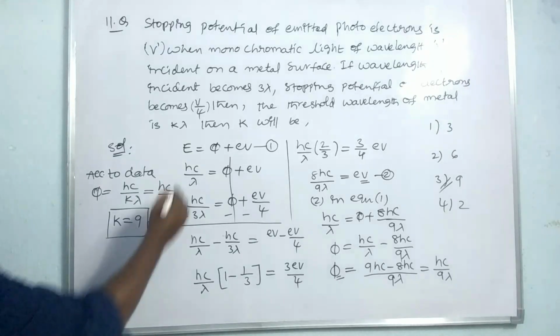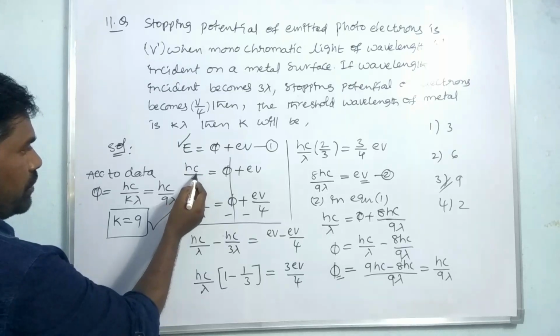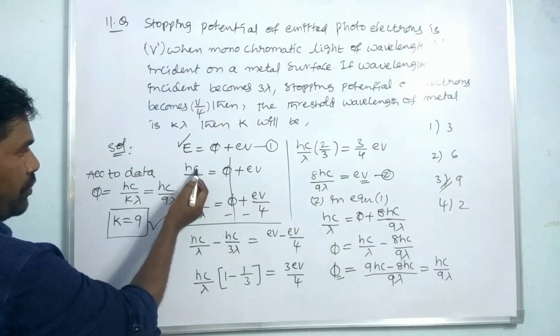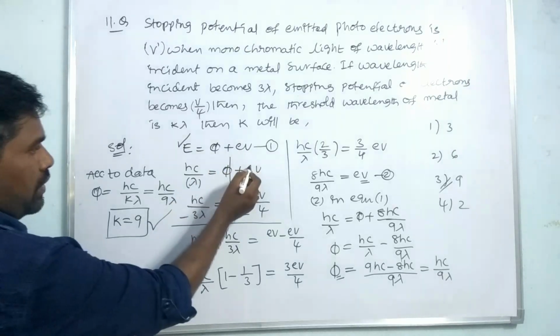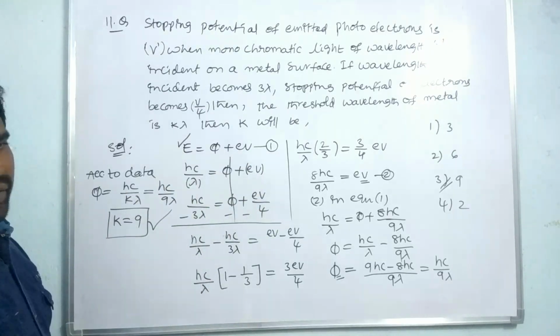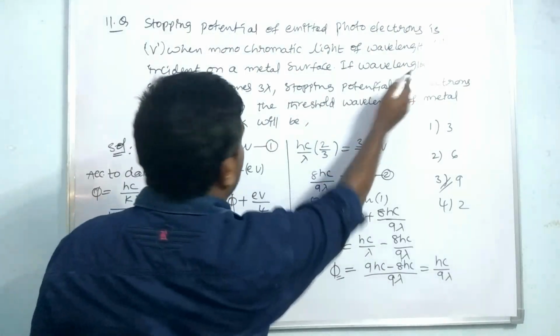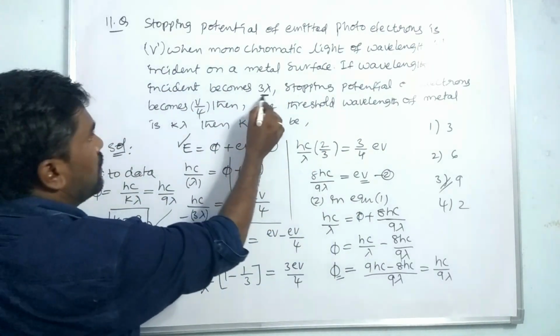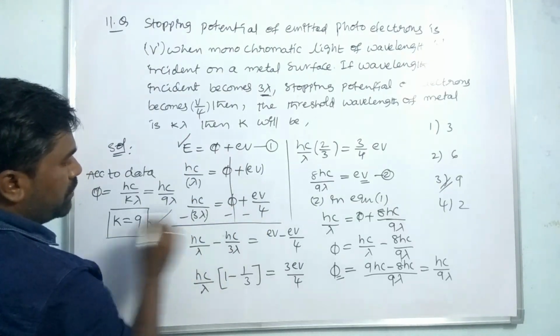So this is the equation of photoelectric effect, and E is equal to hc by lambda, nu is equal to c by lambda, where lambda is the wavelength. The stopping potential is EV; for a wavelength of 3 lambda, the stopping potential is V by 4, replacing V by V by 4 and lambda by 3 lambda.